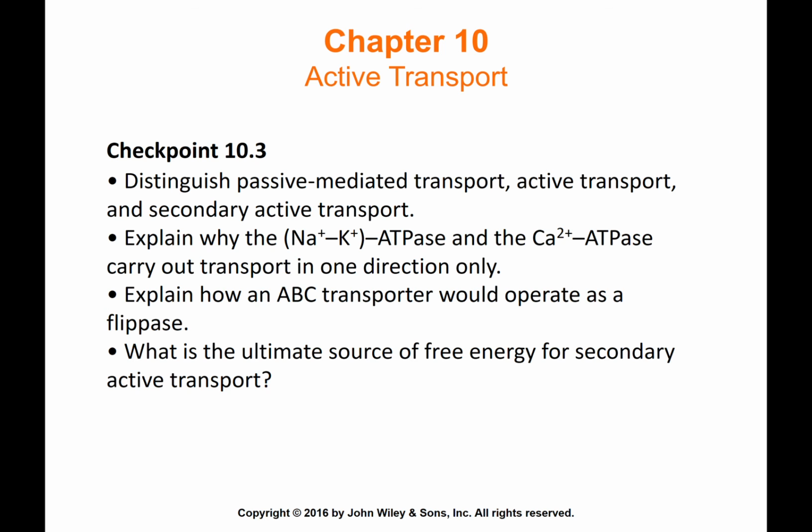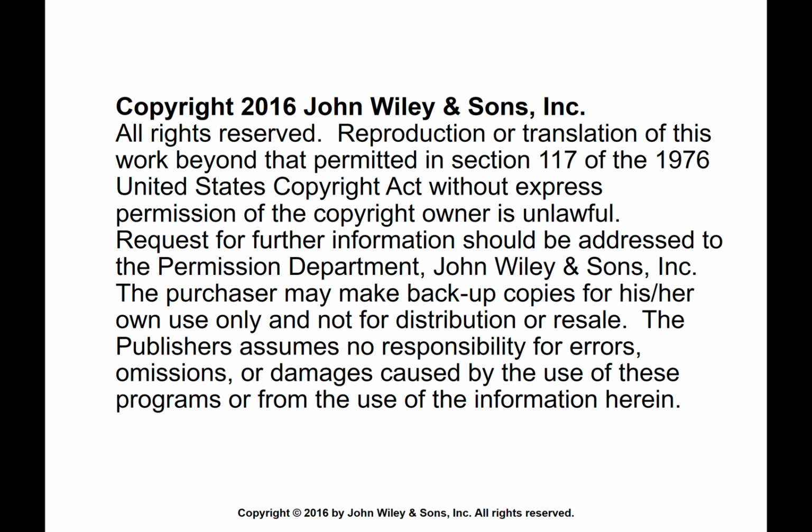In this case, it could be the sodium gradient, or the proton gradient. There are other examples of gradients that can be used here. But basically, the ultimate source of that free energy change that makes the overall thing favorable is some sort of other electrochemical gradient. All right. That is actually it for chapter 10.